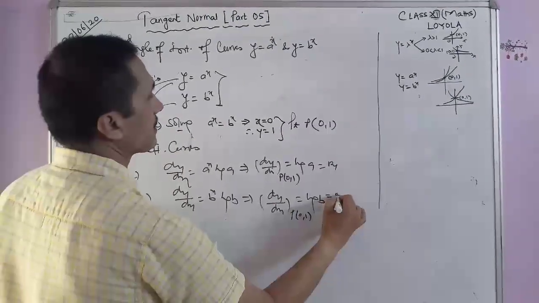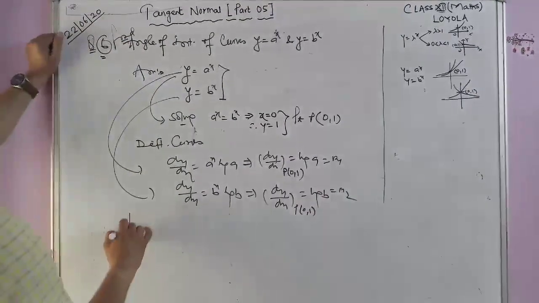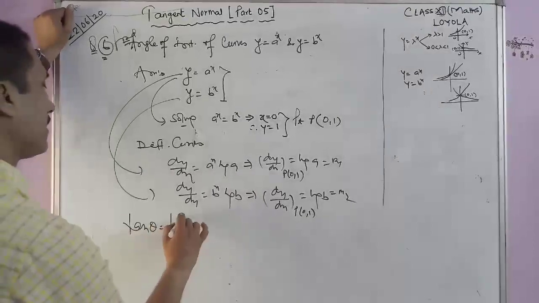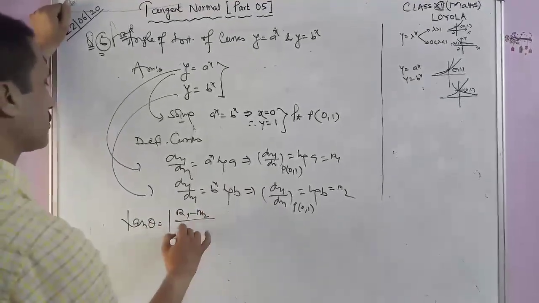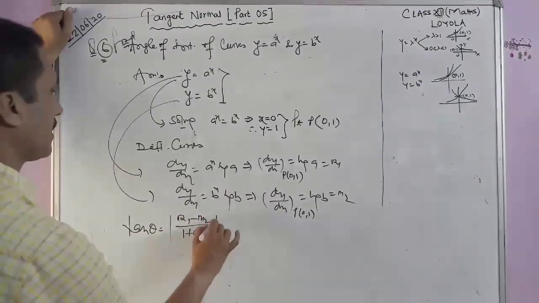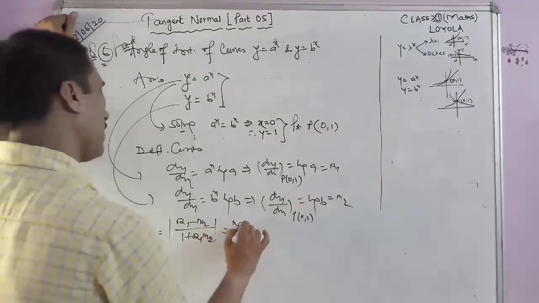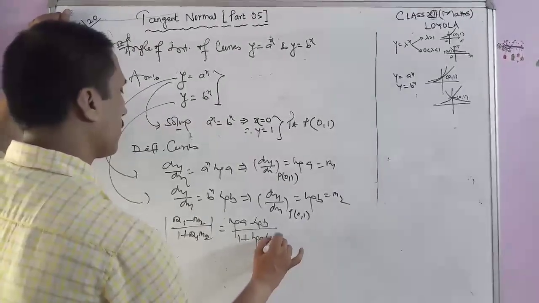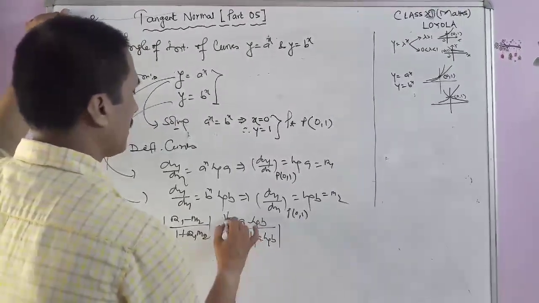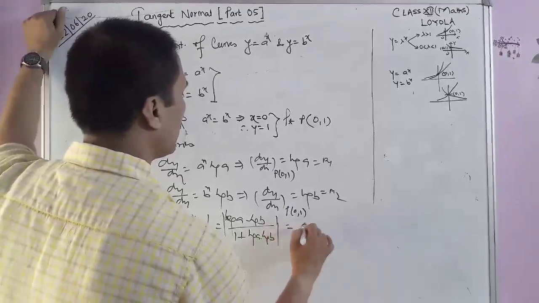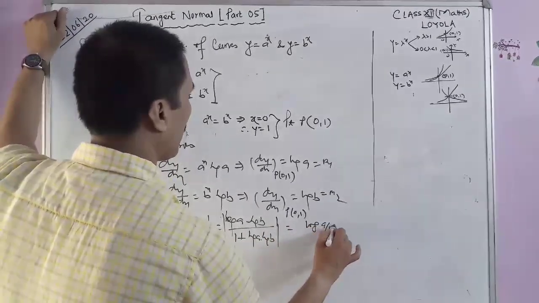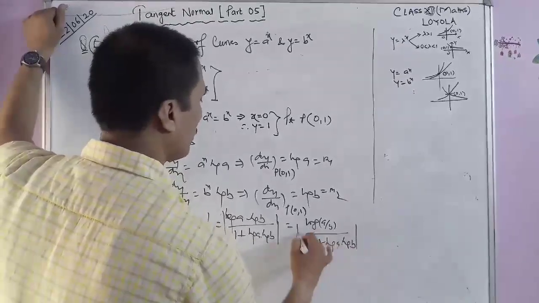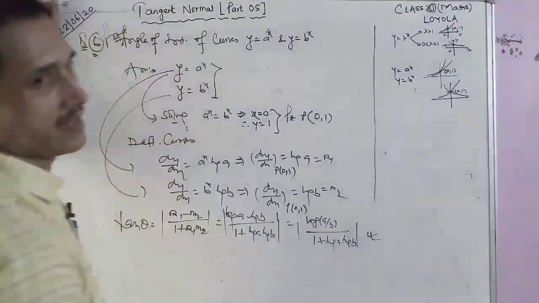Say m1, m2. If the angle between them is theta, tan theta equals mod of m1 minus m2 divided by 1 plus m1 m2, so log a minus log b divided by 1 plus log a into log b. Here log a minus log b means log a upon b, divided by 1 plus log a log b. This is our required answer.